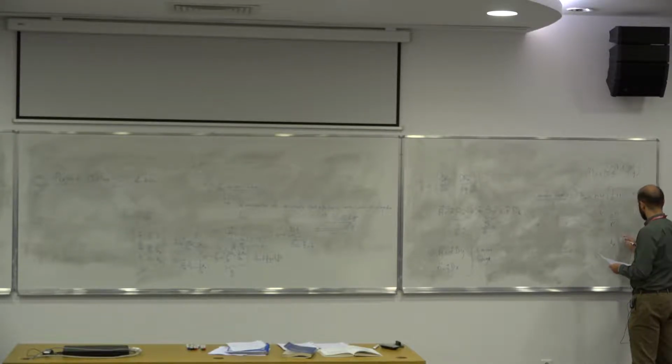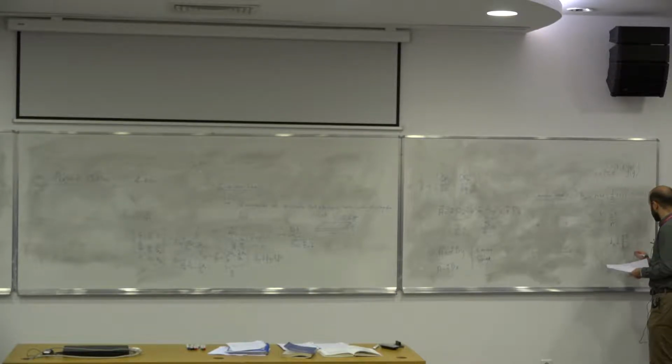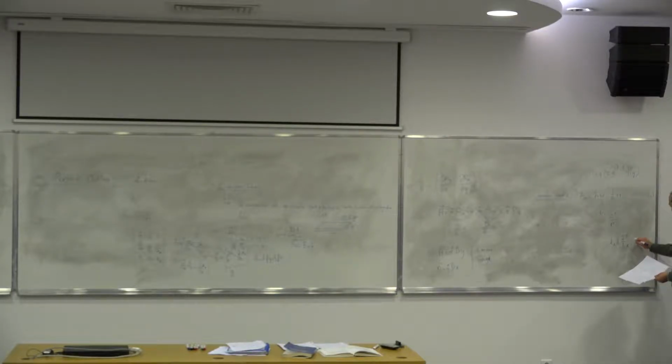So the kx was given by something like this, okay? And also I have an n because each level can contain up to an n number of electrons in them.